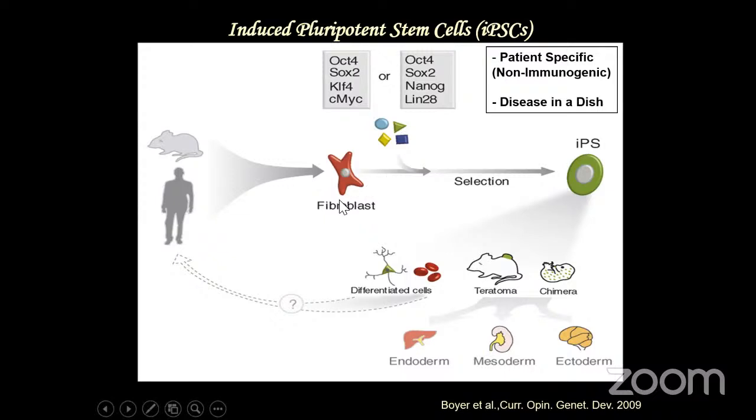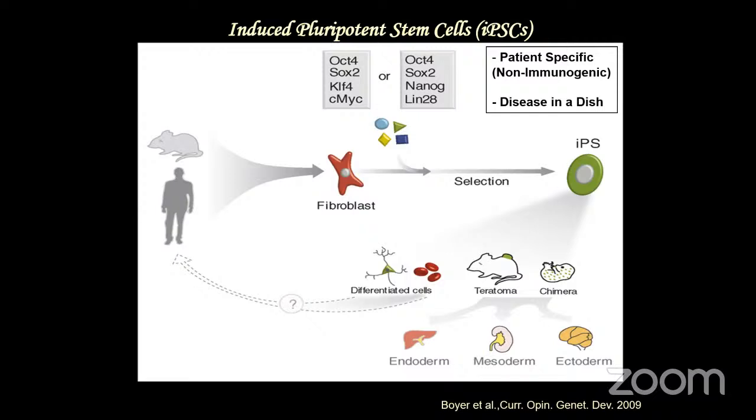So here the beauty is in what happens in embryonic stem cells. As I told, they come from the developing embryo, and they have enormous potential to divide. They carry indefinite self-renewal. At the same time, they can give rise to all the cell types of our body.